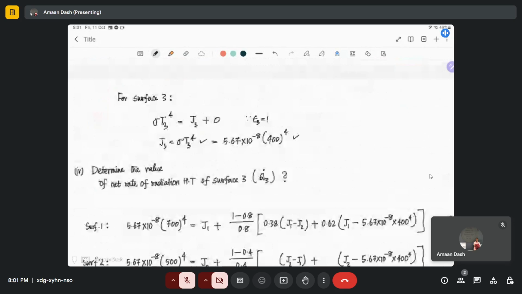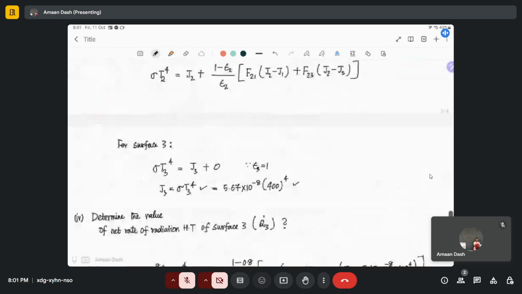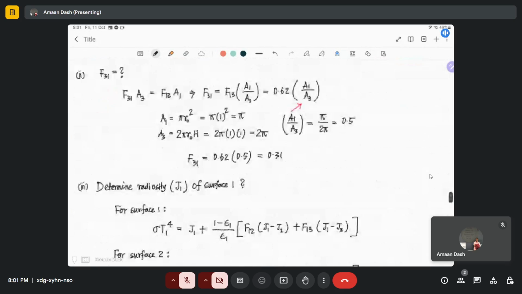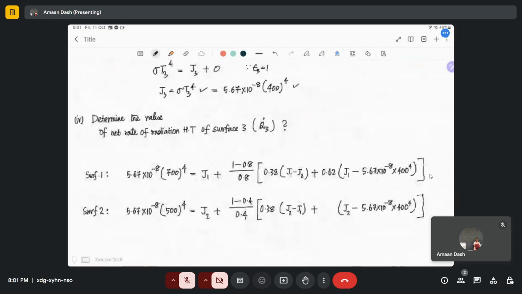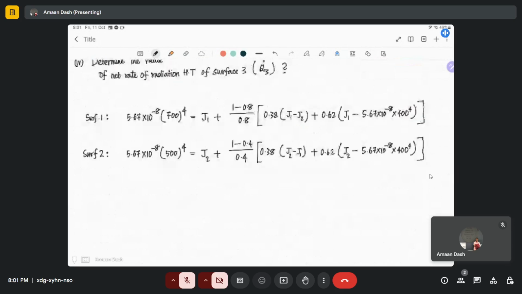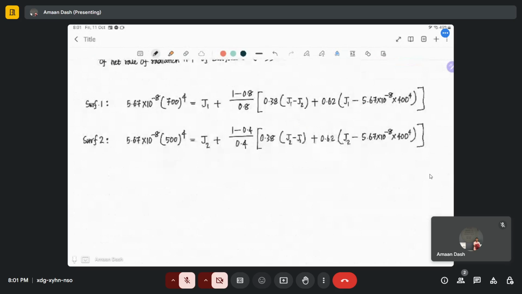F12 is nothing but 0.38. So we have 0.38 times of J1 minus J2 plus F13, and F13 is 0.62, times J1 minus J3. J3 is this much, that is 5.67 times of 10 to the power of minus 8 times 400 to the power of 4.